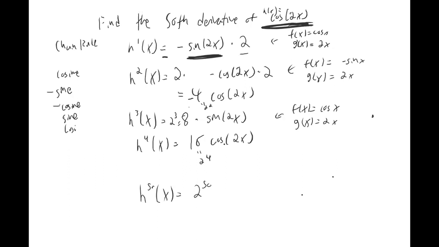So this was H, H1, H2, H3, H4. Every 4, I go back to cosine.